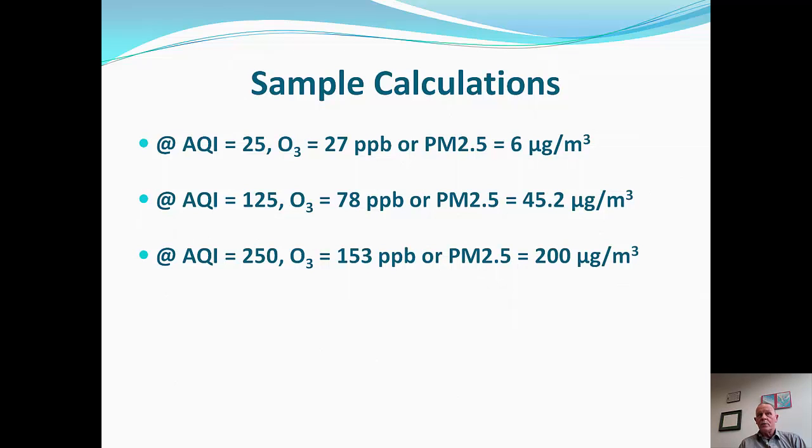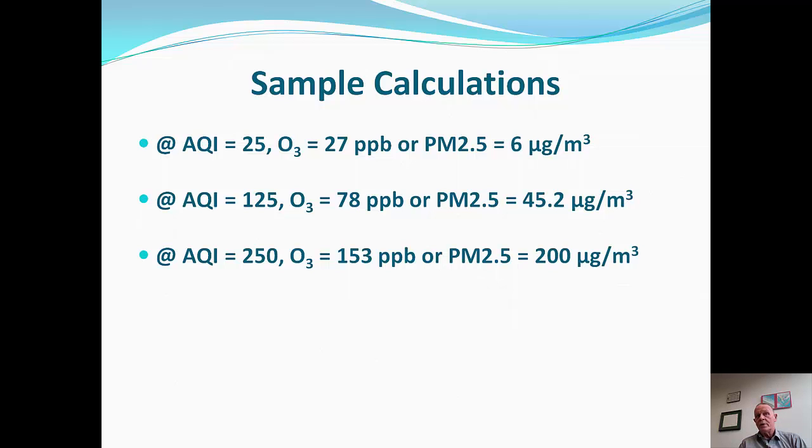So if I were to stick in a number like 25 for the air quality index, that would mean that either the ozone is 27 parts per billion or PM2.5 is about 6 micrograms per cubic meter. Now, as you go up, the proportionate level of ozone or particulate matter does not necessarily go up by the same factor.